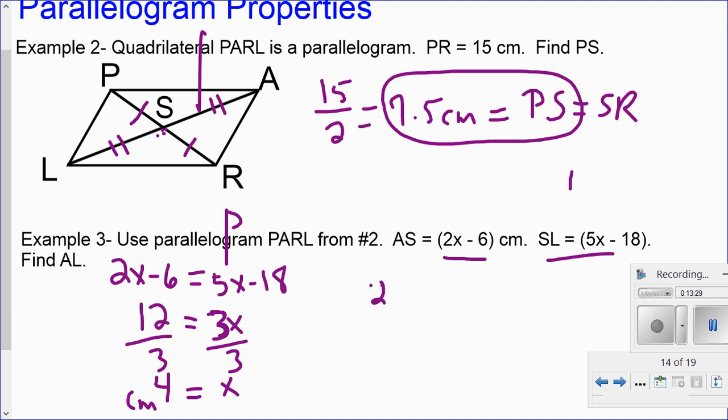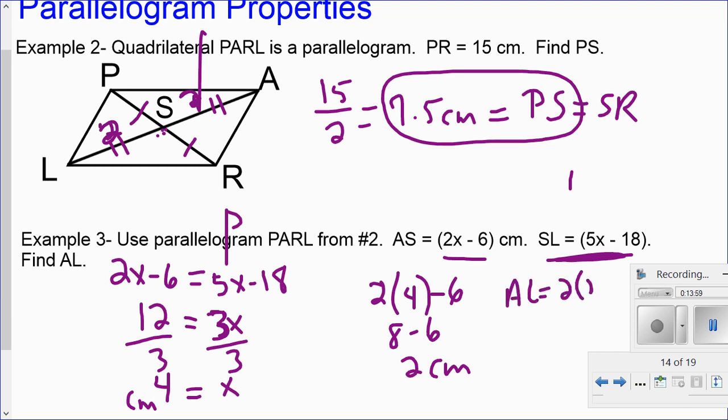So 2 times 4 minus 6. 8 minus 6 is 2. 2 centimeters is the length of both AS and also SL. I could put 4 in for x in the other expression, and I would still get 2. So if I have 2 and 2, 2 doubled is 4, so the length of AL is 4 centimeters.